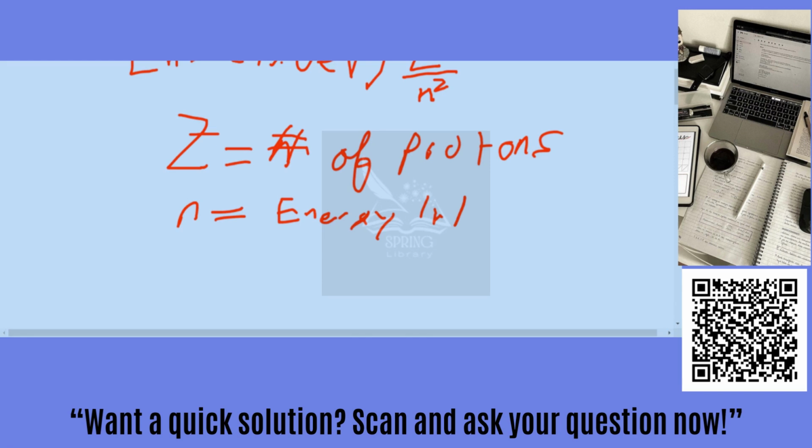All right, so let's look at the first energy level of our lithium atom. That is going to equal negative 13.6 electron volts multiplied by Z, but in our case, Z is equal to 3, and that is squared, divided by n, which in this case is 1.